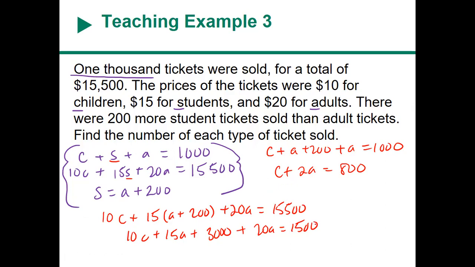So when I combine, that gives us 10C plus 35A equals, got a 5 in there. What's 15,500 minus 3,000? 12,500.